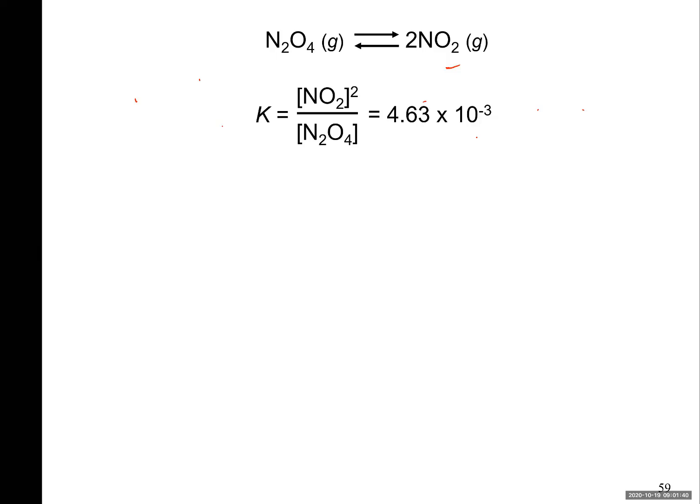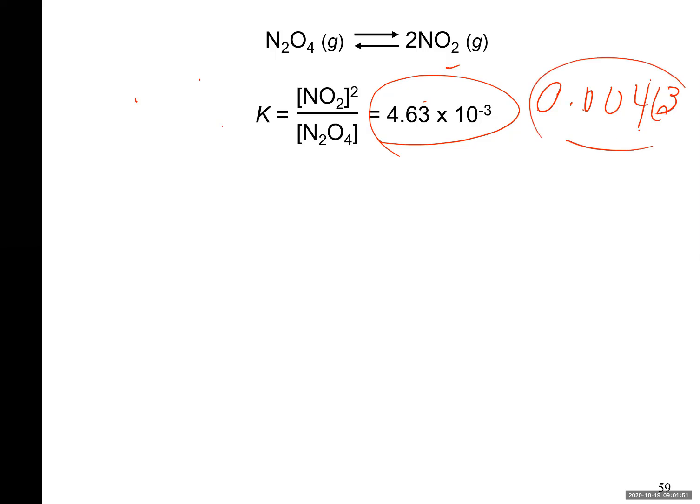What is this telling you? Is this smaller than 1? 0.00463, very small, smaller than 1? It's telling you this equilibrium is making less product and remains mostly as reactant.